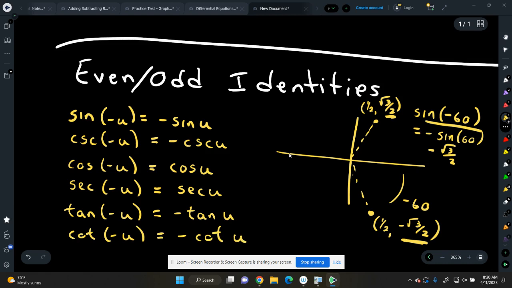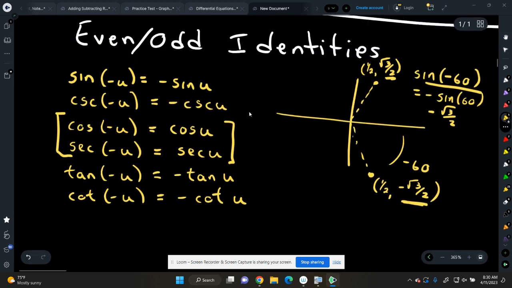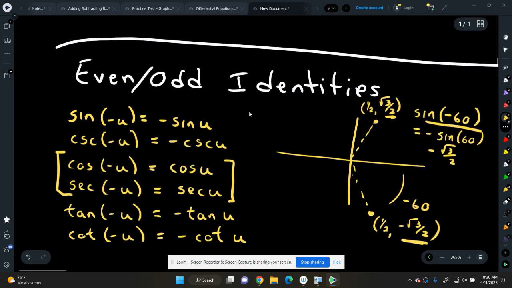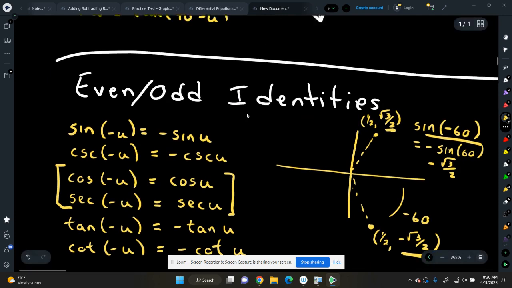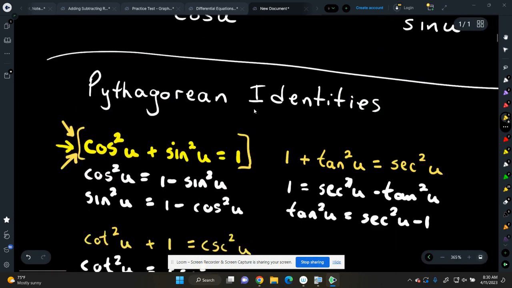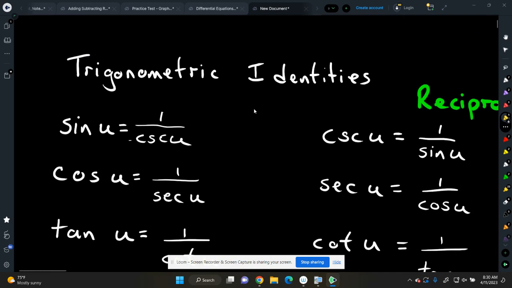So the two that are unique here are the cosine and the secant ones. All right, that's it for our list of identities. I'm going to take a little break before we start doing the next section.